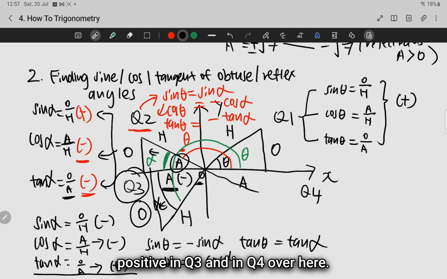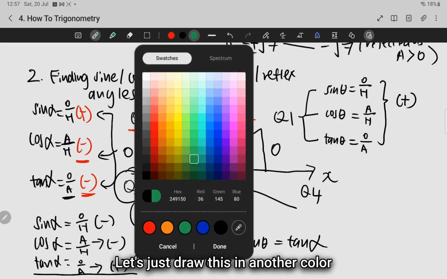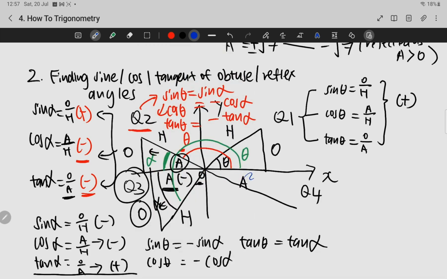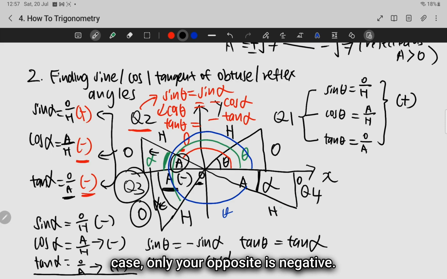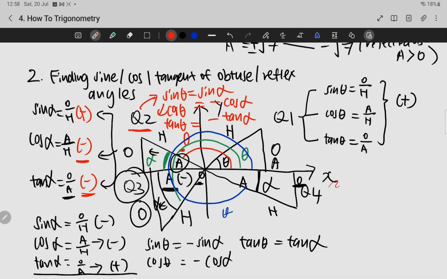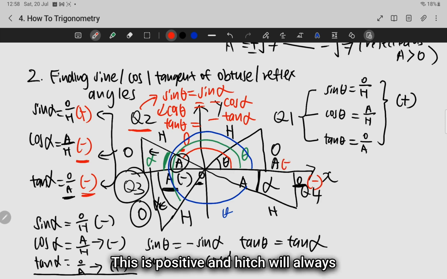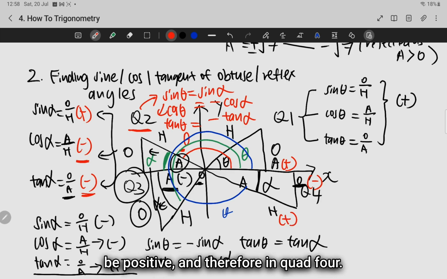And in Q4 over here, let's just draw this in another color. In order to find theta, we need to find this basic angle. And in this case, only your opposite is negative. This is positive, and h will always be positive.